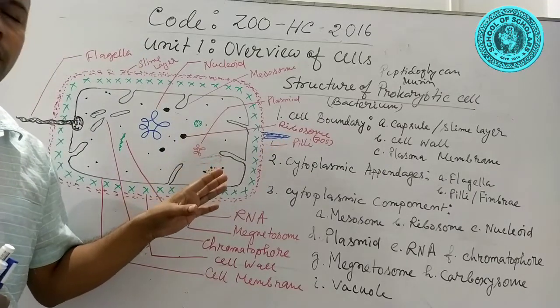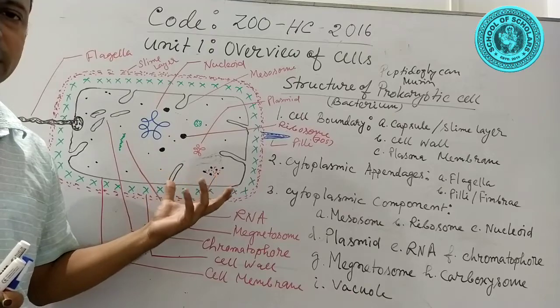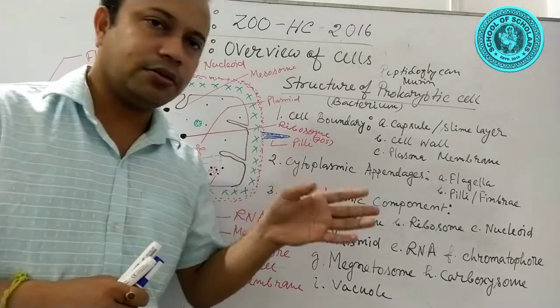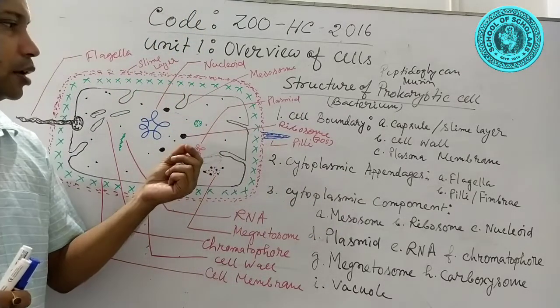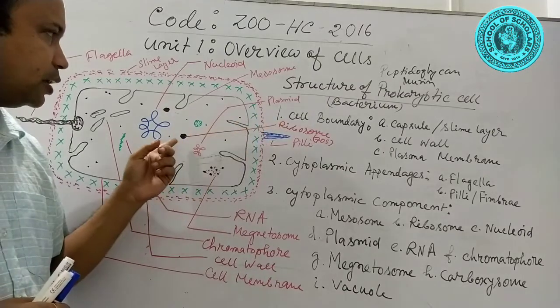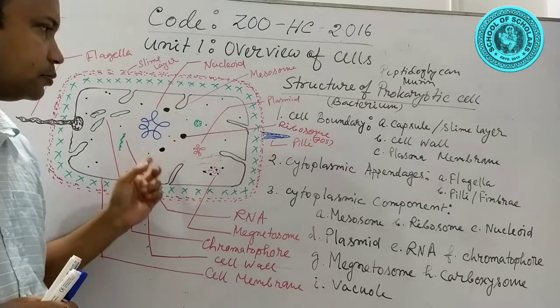S means sedimentation coefficient, or Svedberg constant, which I will discuss in later classes. So you see, ribosome is an important component.